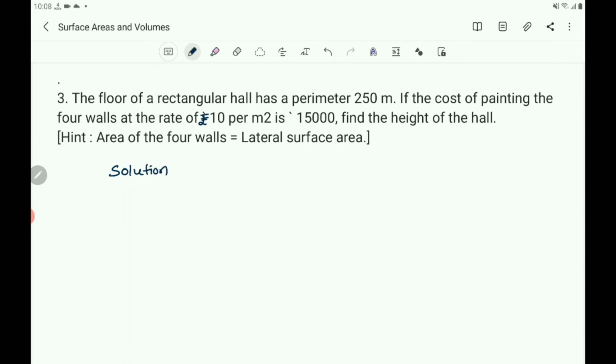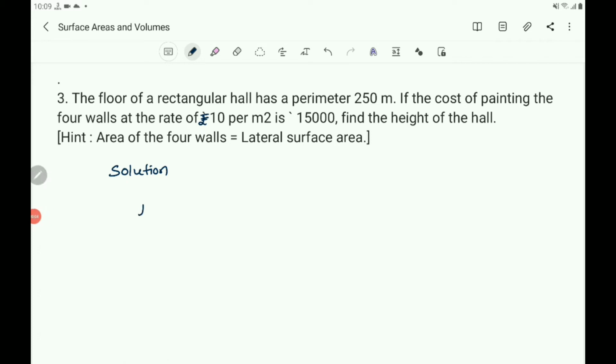Consider L is the length, breadth equals B, and the height of the room equals H.